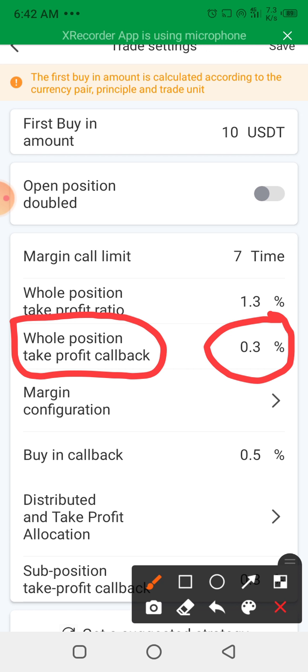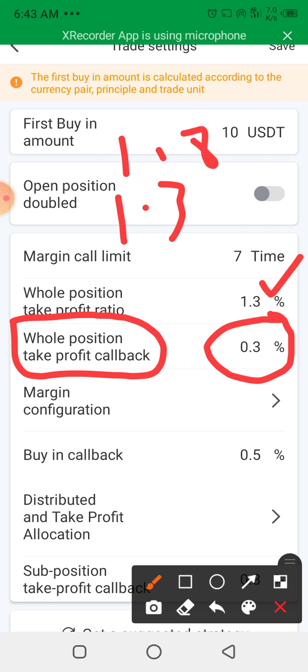It means when the market has increased 1.3, and it is also increasing to, let's say, 1.8. Now, the function of this button here is to take the highest peak of the increase.